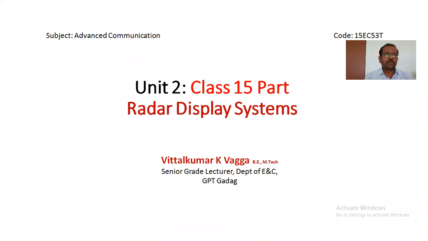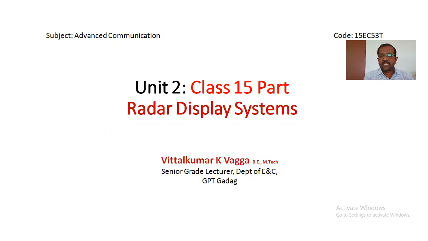The duplexer is used to give the connection between the antenna and the transmission if the signal is to be transmitted, and in the same way, if the signal is to be received, it gives the connection for the reception. Okay, that is about the modulator and the duplexer.